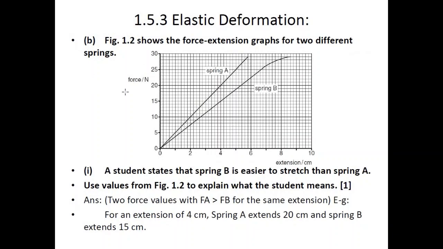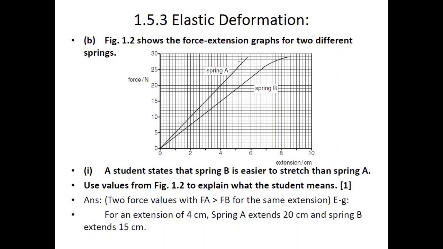Now figure 1.2 shows the force-extension graph for two different springs. So this is the extension and this is the force. A student states that spring B is easier to stretch than spring A. Use values to explain what the student means.